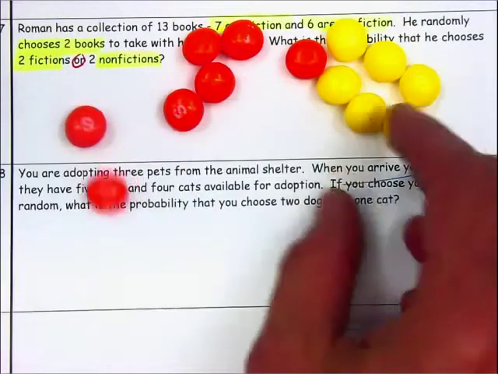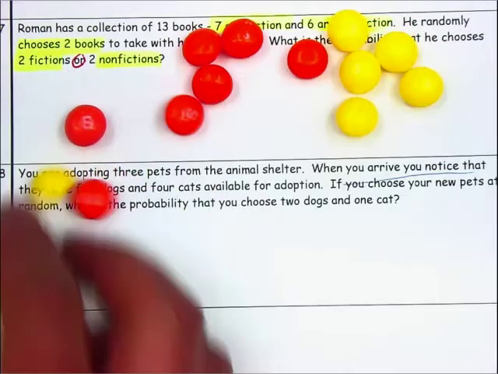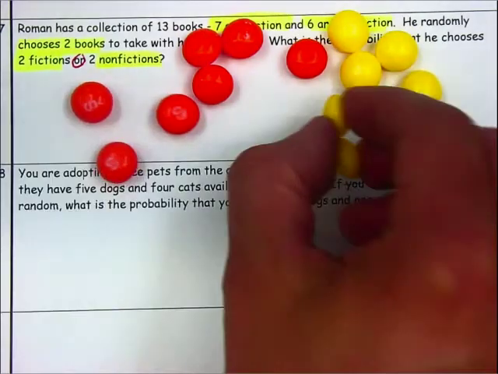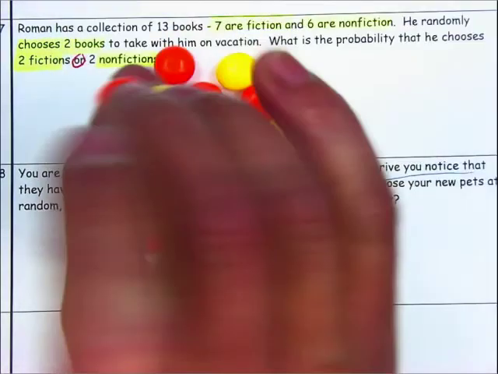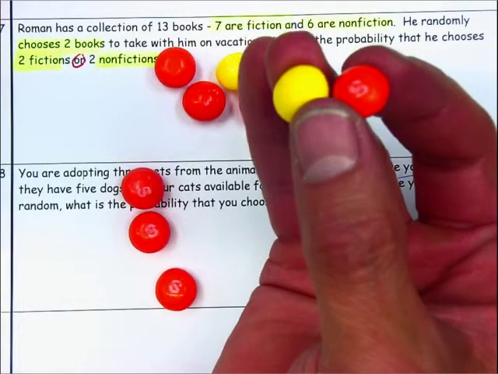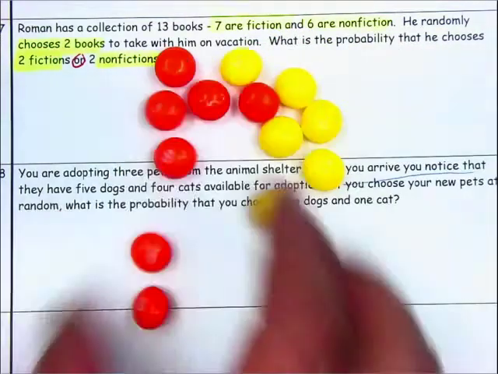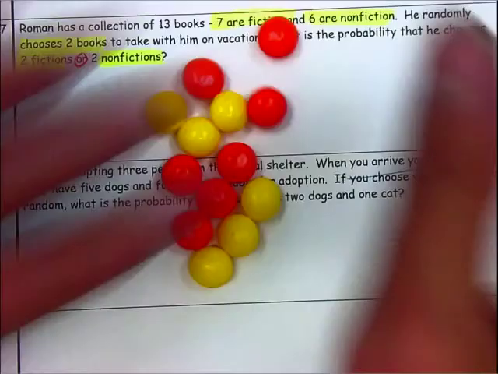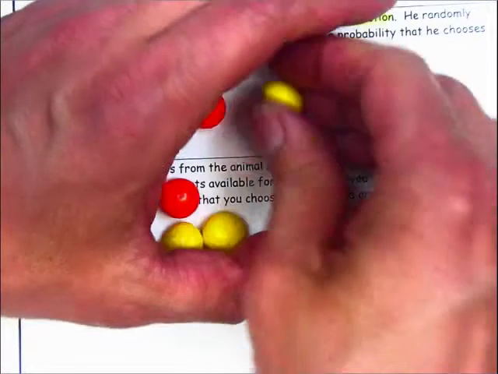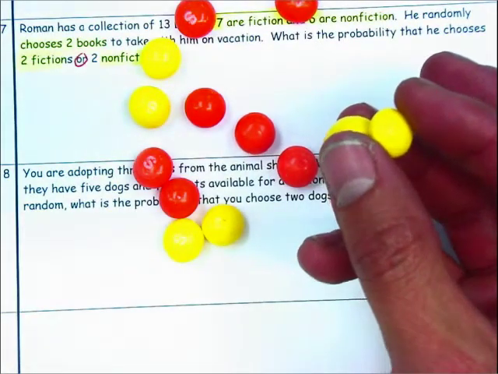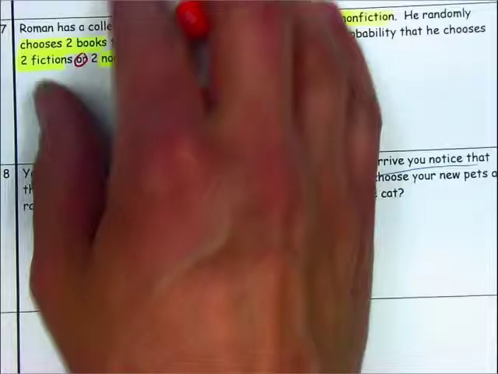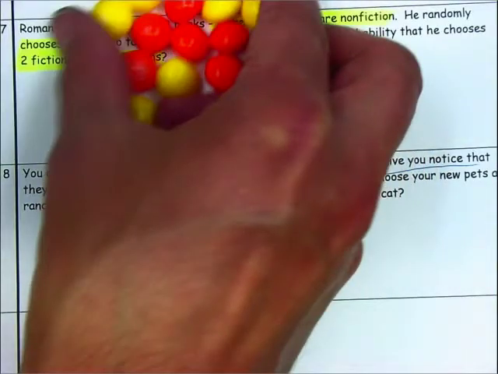In this case, if you go in there without looking and you just select 2, what's the probability that you're going to select 2 fiction or 2 non-fiction? So they're going to be 2 of the same type.